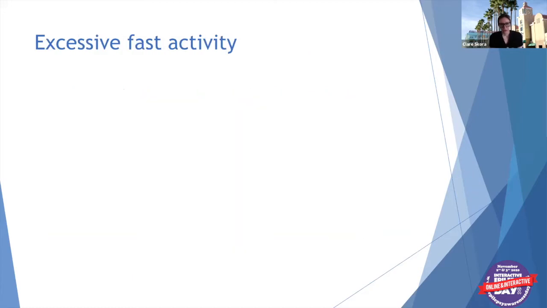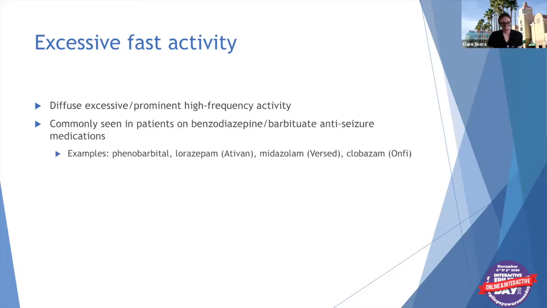I'll just comment briefly on this. I don't have a great example to show you, but sometimes on the report, someone will comment that there's diffuse excessive fast activity or prominent high frequency activity. And this is most commonly, if we know a reason for it, seen in patients who are on certain anti-seizure medications, benzodiazepines or barbiturates, for example, phenobarbital. Common examples will be an EEG that is obtained shortly after a child had a seizure, but they got a rescue medication such as Ativan or Versed.